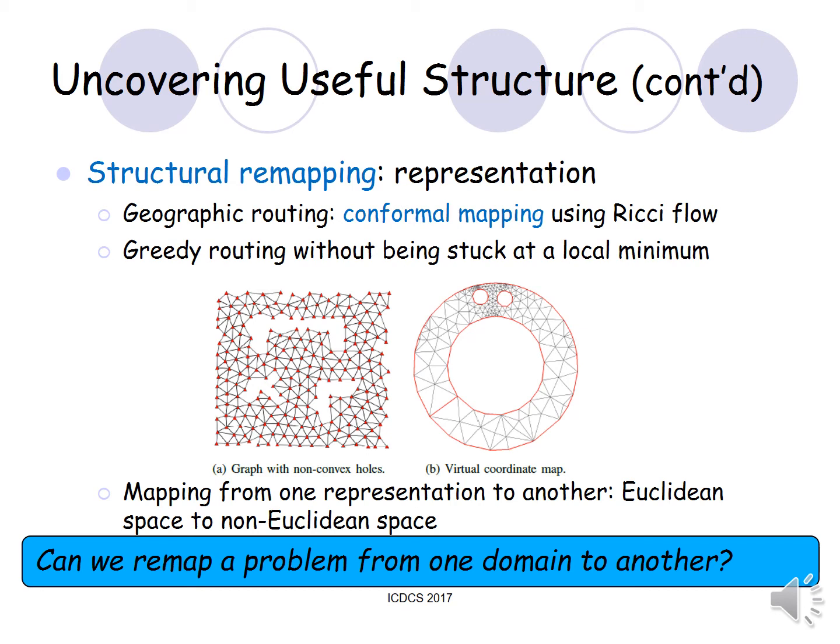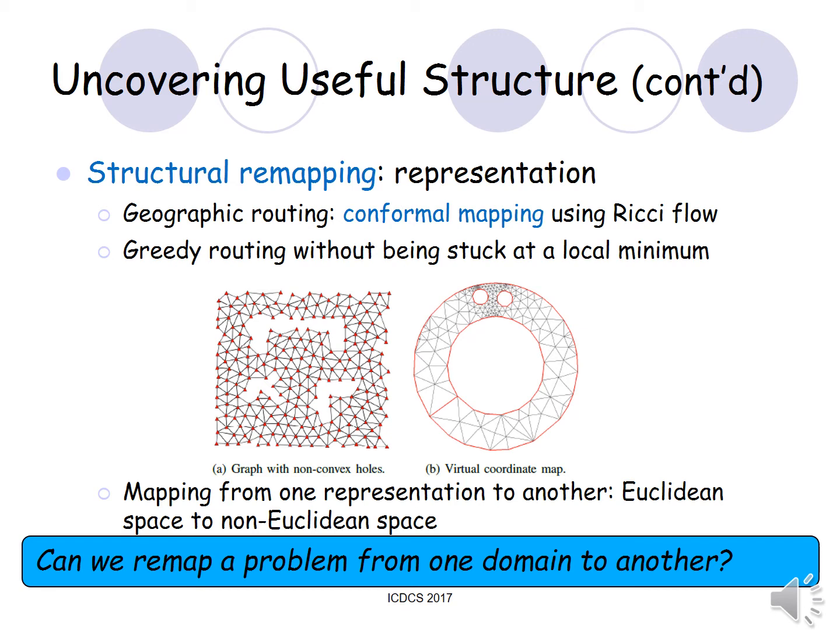Then in the new diagram with a new virtual coordinate map, any message will not get stuck at a local minimum. This type of mapping is from Euclidean space to non-Euclidean space in geometric routing. Now the question is, can we remap a problem not just in terms of representation, but from one domain to another domain?